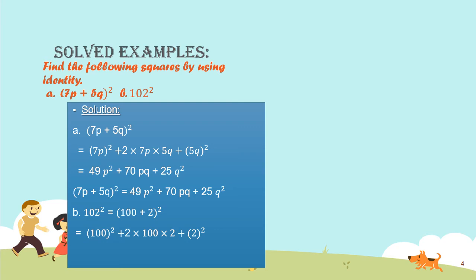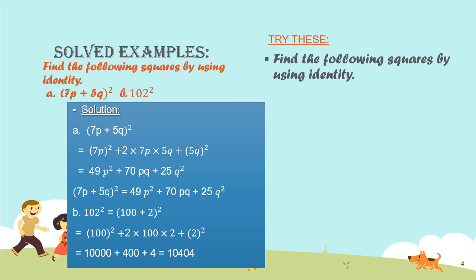Here, in the place of a we have 100 and in the place of b we have 2. So that's equal to 100 square plus 2 into 100 into 2 plus 2 square. That's equal to 10,000 plus 400 plus 4, which is equal to 10,404.